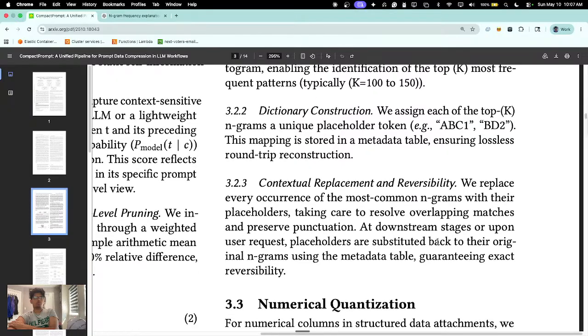So it makes sense why we're reversing it back to United States, so that the model knows the actual meaning of that placeholder token. However, in that case, you're just bloating it back to its original context size. You're not really reducing the tokens. So how exactly would that work?